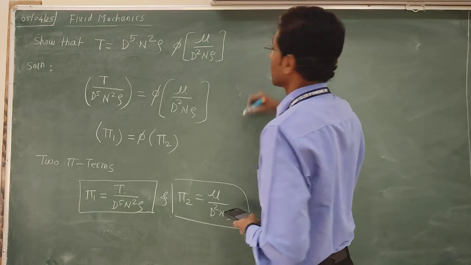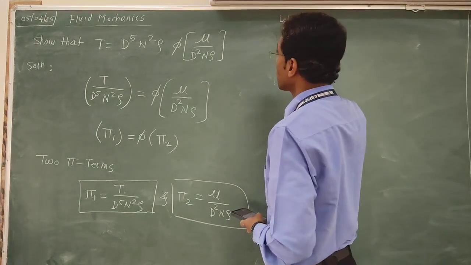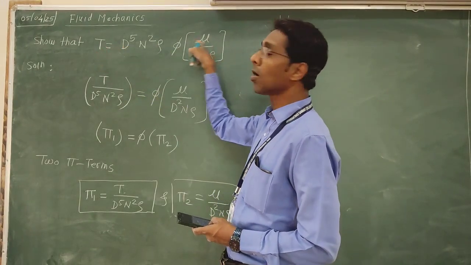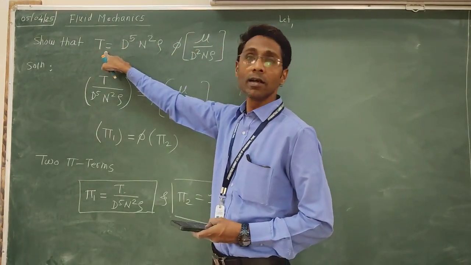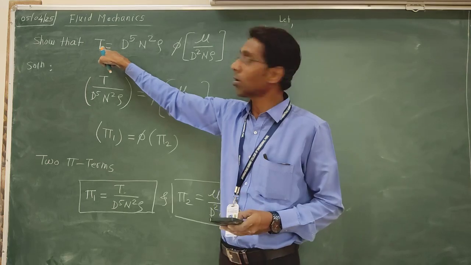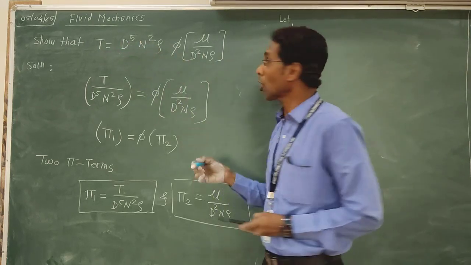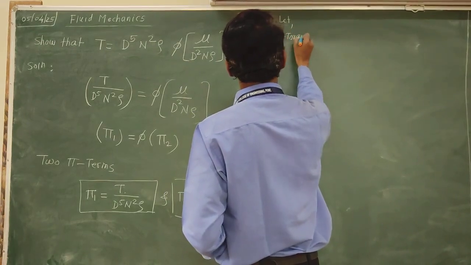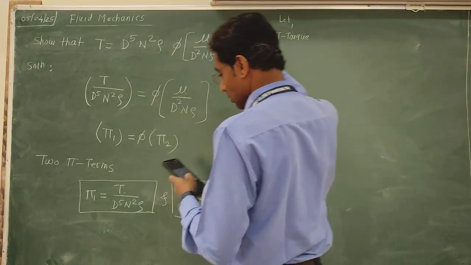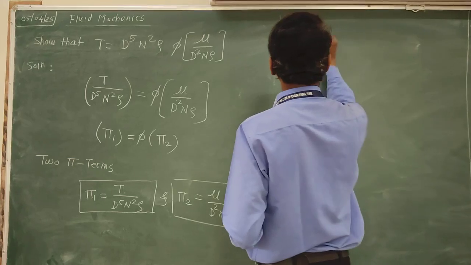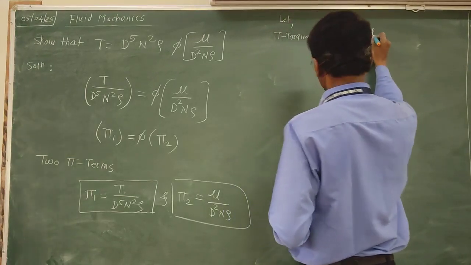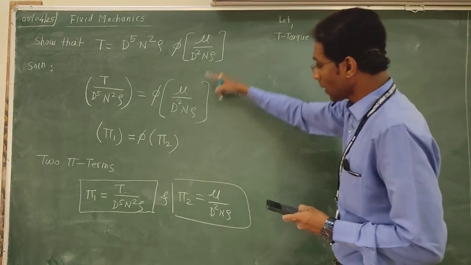We have seen that in Buckingham pi theorem, here is a term which is depending on all these parameters, that is T. T stands for torque. We have seen all these parameters. T means torque, which is depending on all these parameters. That is a function. Torque is a function of how many parameters?